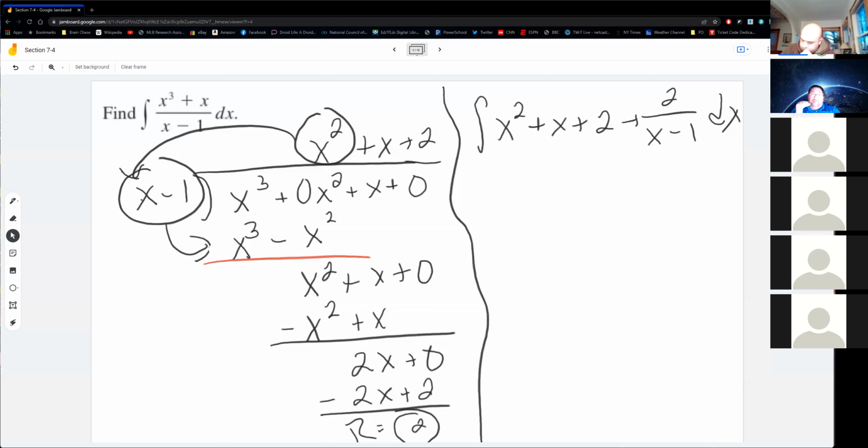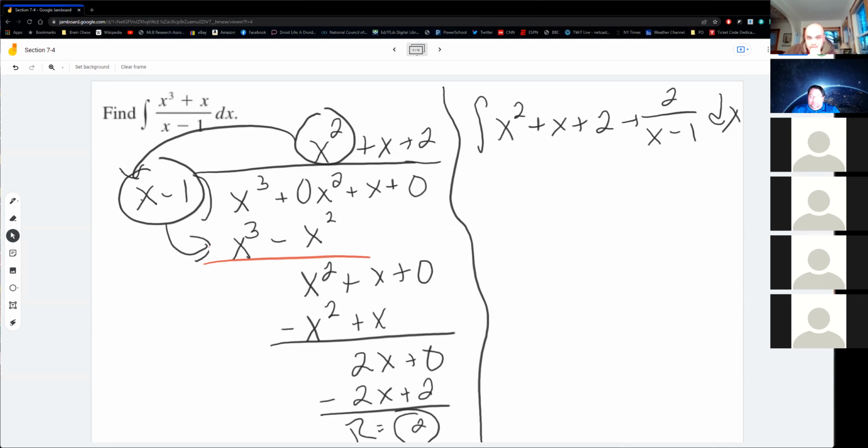When the numerator on top has a higher degree than the bottom, you want to do long division first because you might not have to do partial fractions. And in this example, we're not going to have to do partial fractions. We've split the problem up in a way that I can just do my integral right from what I have right now.